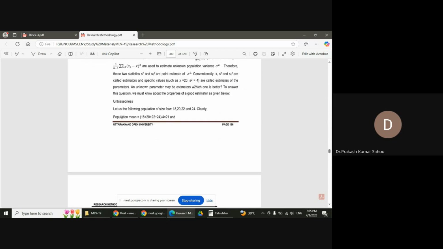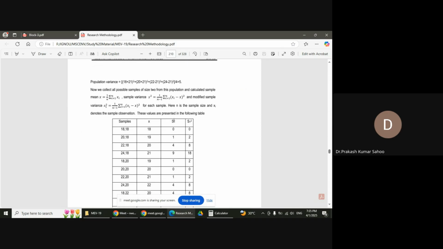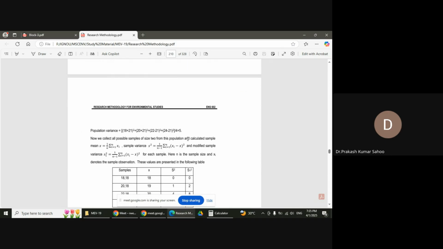Let us take the following population of size 4, that is 18, 20, 22, and 24. The population mean is the summation of all this divided by 4, which becomes 21. The population variance is the sum of the squared deviations divided by the total population.